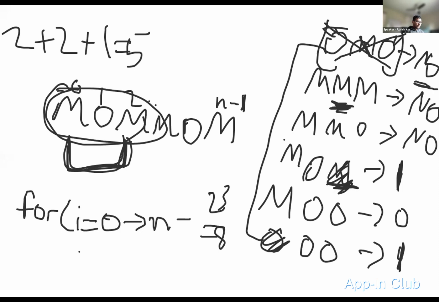And so once you have this, while you're iterating, you can have a running minimum. The answer you initially set to some large number, 1E9 or something like that.